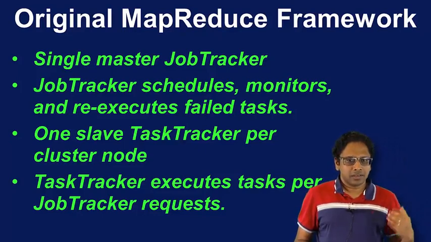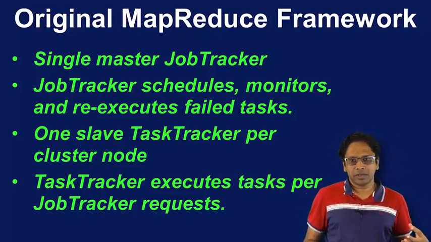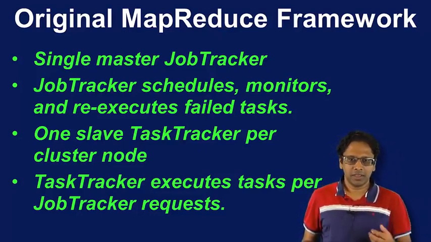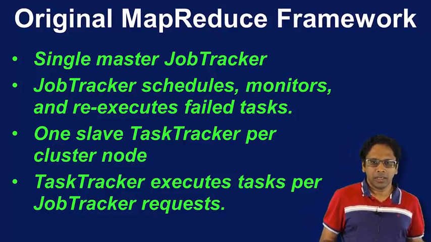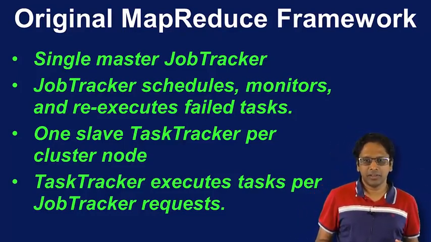On each compute node there is a task tracker, and its job is to get the requests from the job tracker and process them. So it might get map requests, and the mapping tasks are done on the node, for example. And you might have a lot of tasks flowing through as part of a given job.